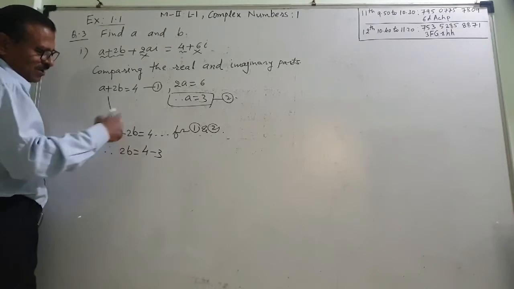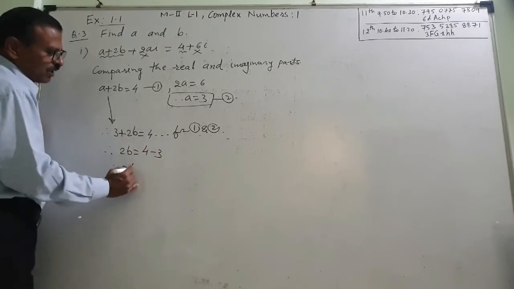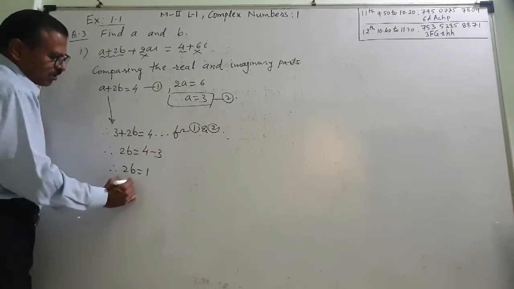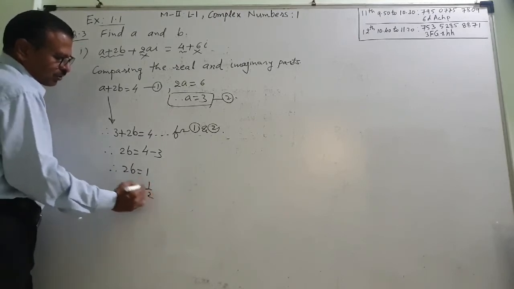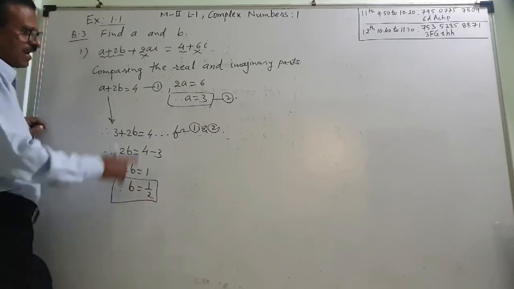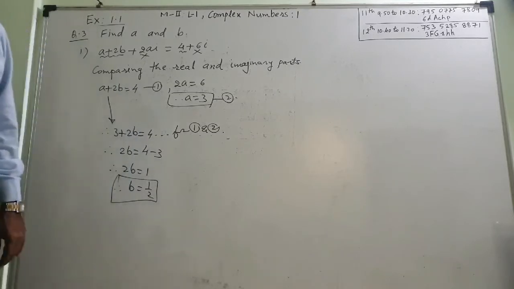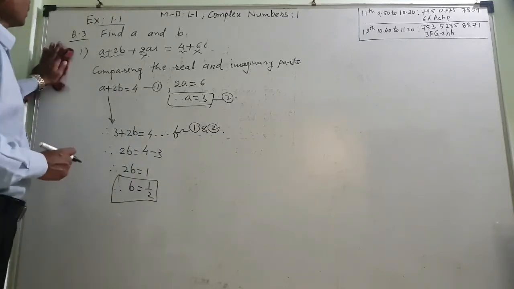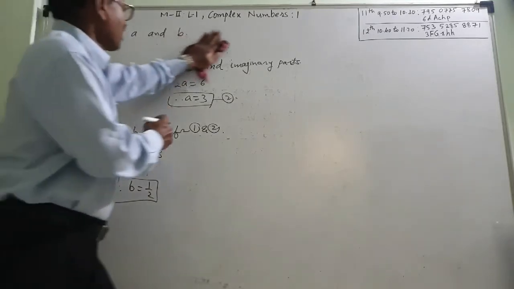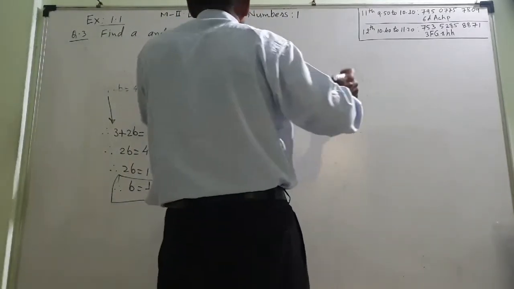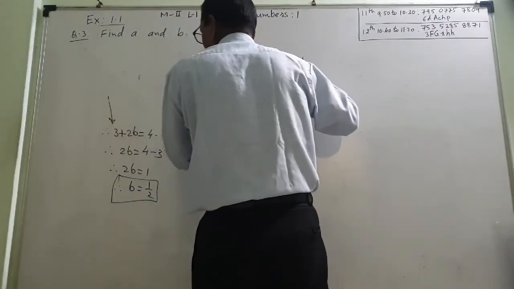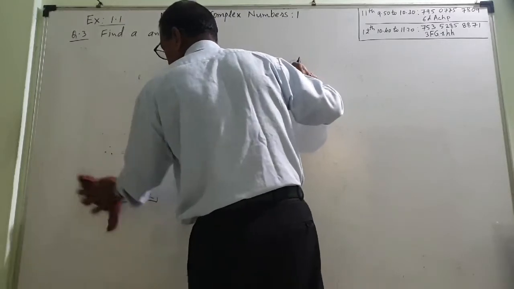This plus 3 will be minus. Therefore, 2b is equal to 1, so b equal to 1 upon 2. This is your answer: a is equal to 3 and b is equal to 1 upon 2. Hope that you have understood this. We'll take one more example and then it will be clear to you.